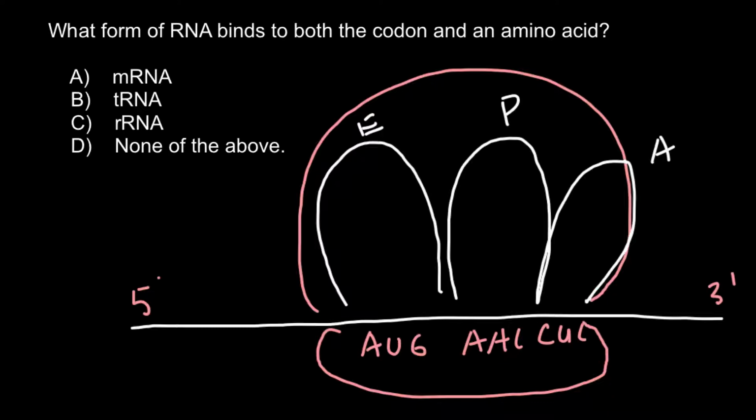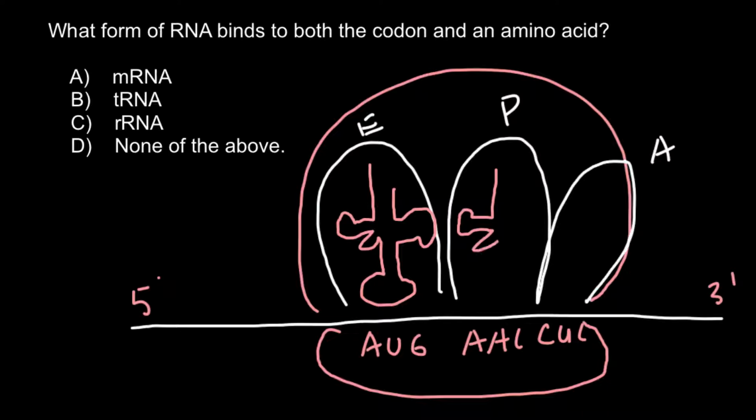Then in each site we can find tRNA, which we also call adapter RNA, that looks like this. It resembles a clover leaf. It has 3 stems and 3 loops, and let me draw 3 here.